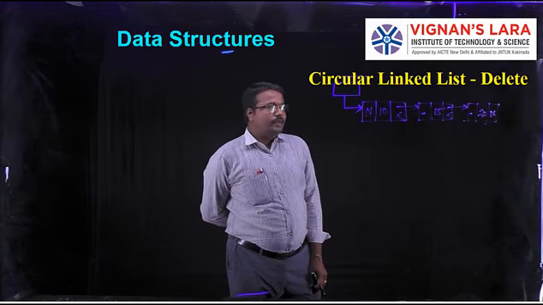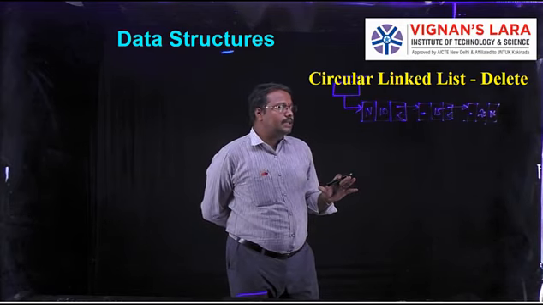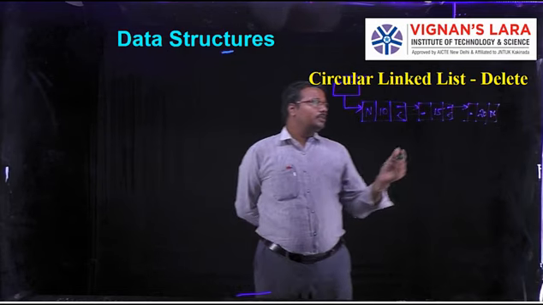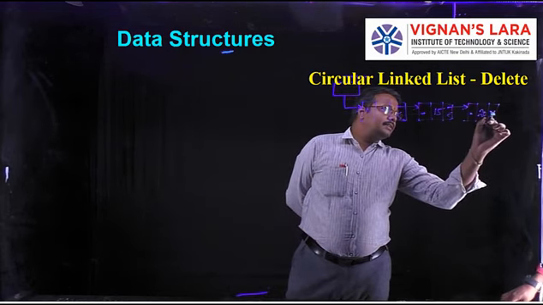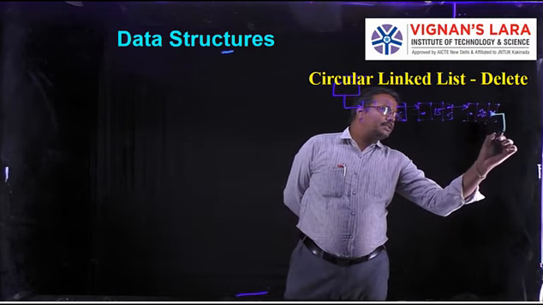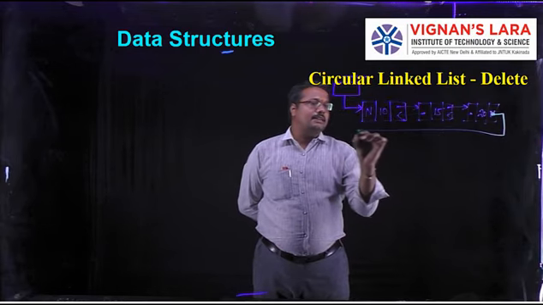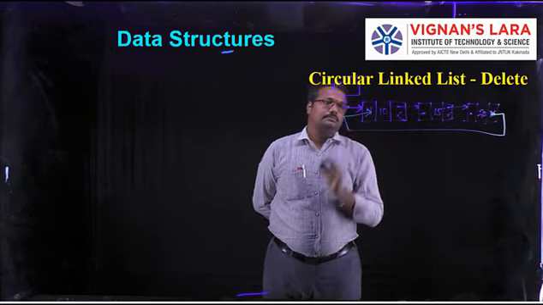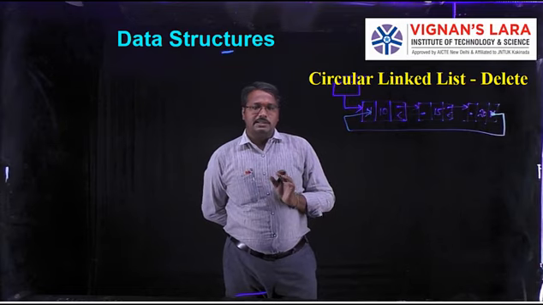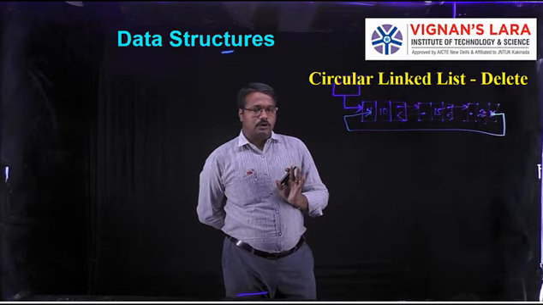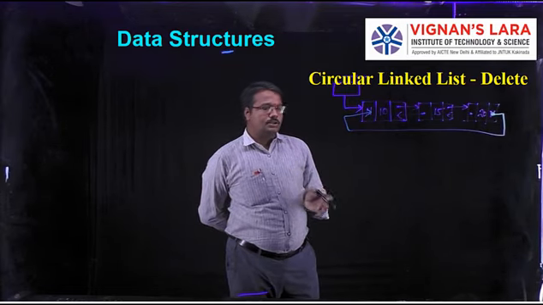When we make the double linked list circular, it is a circular double linked list. So we know one case: the last node's next field consists of the starting node address. In the single linked list also, we learned the same thing.